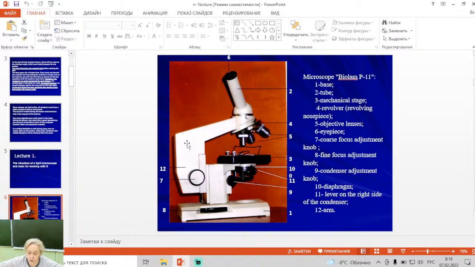The fine focus adjustment knob you see on the base. Its rotation moves the arm slightly and is used for precise focusing. Again, the mechanical parts consist of the base, arm, and mechanical stage.